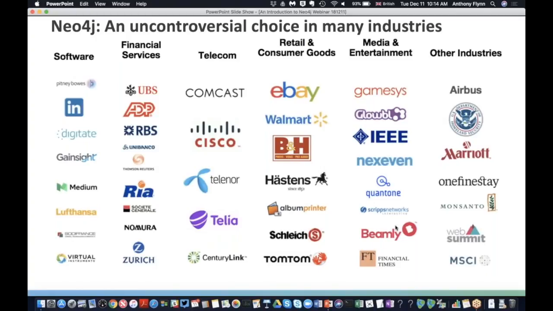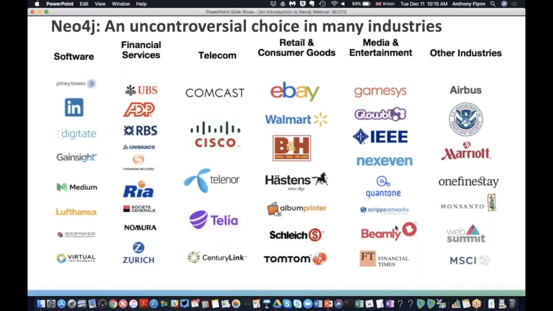We have customers like eBay who've developed chatbot, shopbot technology using Neo4j. We've major financial organizations like UBS and Nomura who use Neo4j for a variety of purposes. So it's a technology that has established itself as a significant choice. It's part of the emerging movement of what we call polyglot persistence.